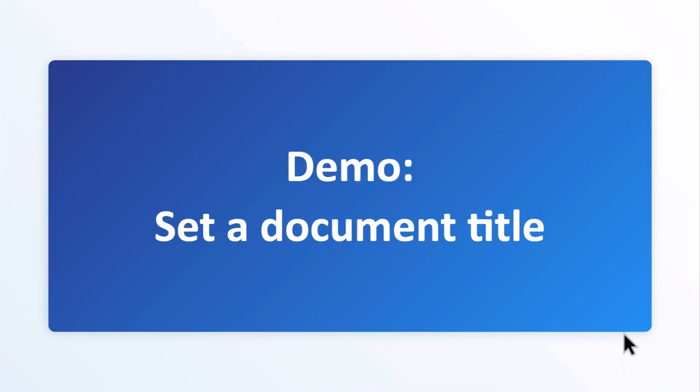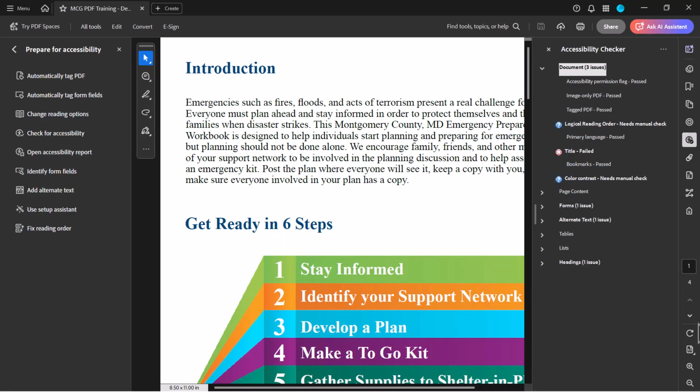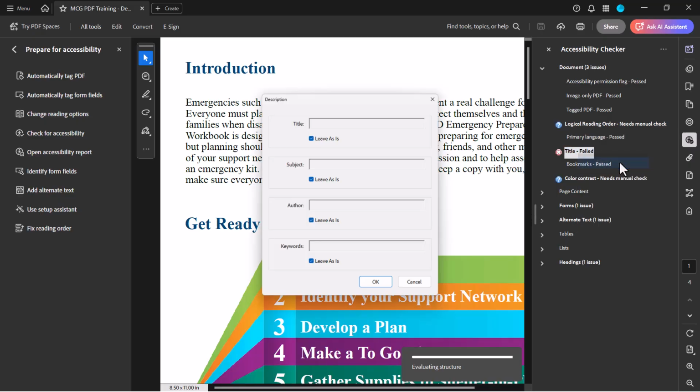I'm going to go back to Acrobat. And in the Accessibility Checker panel, I'm going to highlight where it says Title Failed. And once again, I'll open the context menu by right-clicking. I'm going to select Fix. The description dialog opens up. Under Title, I'm going to uncheck Leave As Is. And in the title field, I'm going to enter MCG-PDF Training Demo Document.